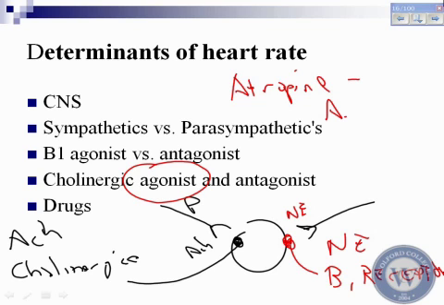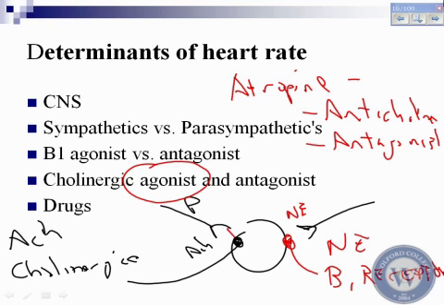What it basically does is bind to the acetylcholine receptor, and it does not allow the parasympathetic activity to cause the heart rate to slow.